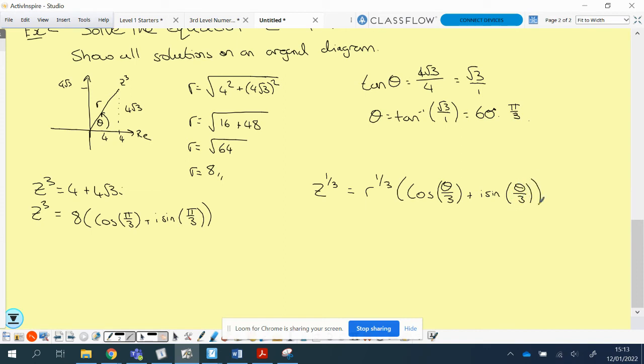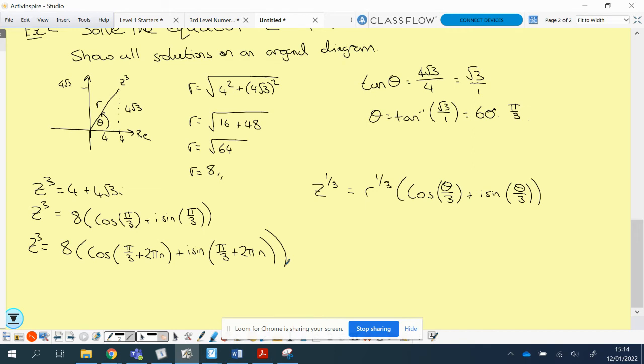So that's what we're going to have to do to this here. But before we do that, we still need to take what z cubed is if we add cycles of 2 pi onto it. So that's going to be 8 cos of pi over 3 plus 2 pi n plus i sine of pi over 3 plus 2 pi n. Okay, so that's the cycle part that we also need to include with these questions.